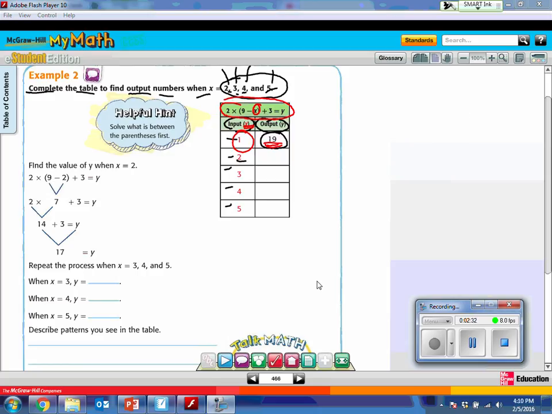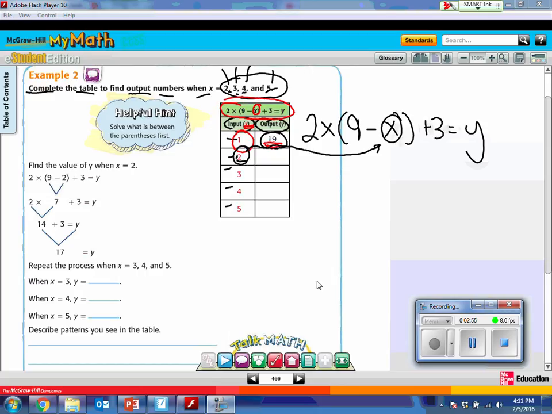Here we have the number 2. So here's my equation. 2 times 9 minus x, close parentheses, plus 3 equals y. Here's my x that I have to figure out, and we know that my second x to figure out is that 2. So we're going to take this 2, and we're going to move this 2 all the way up here.